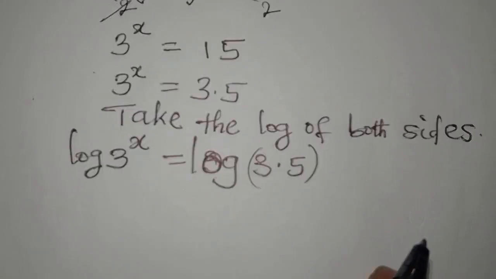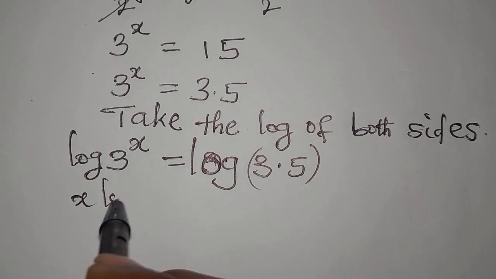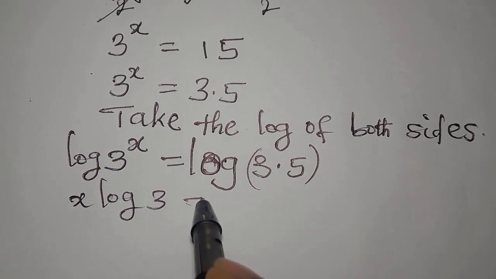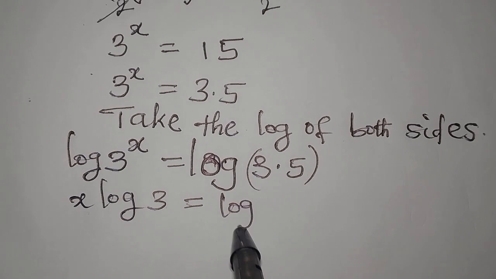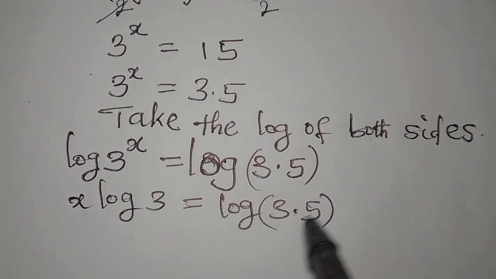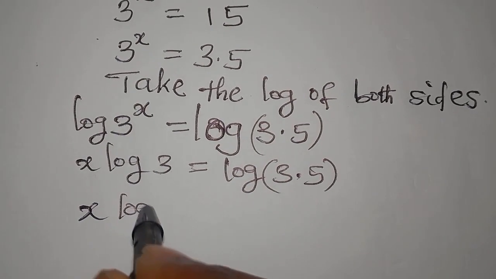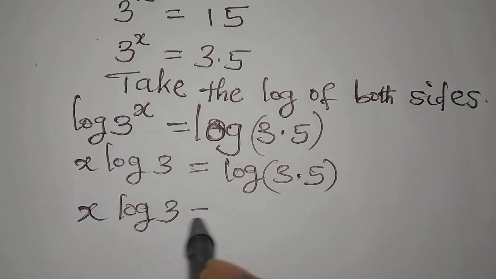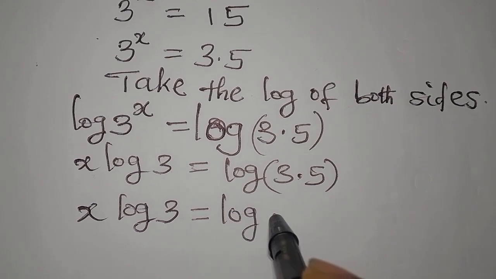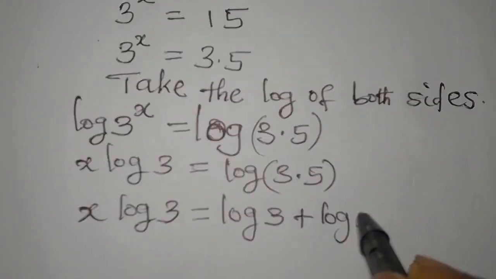So if we proceed now, this power will go in front, so we have x log 3 equal to the log of 3 times 5. And again, this is x log 3 equal to the log of 3 plus the log of 5.